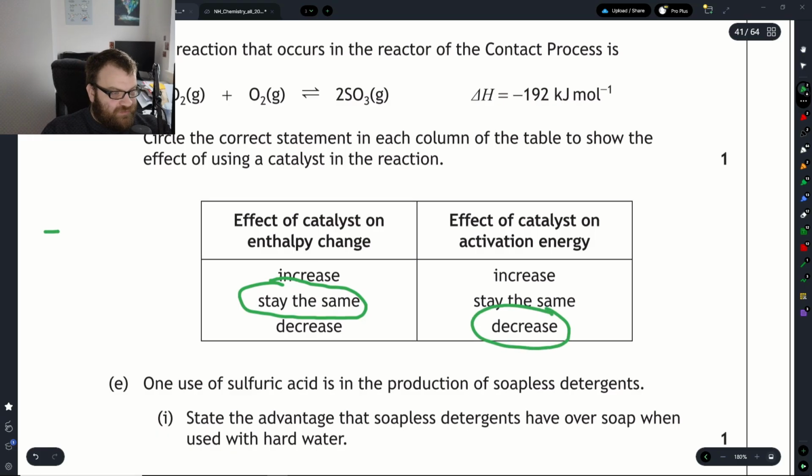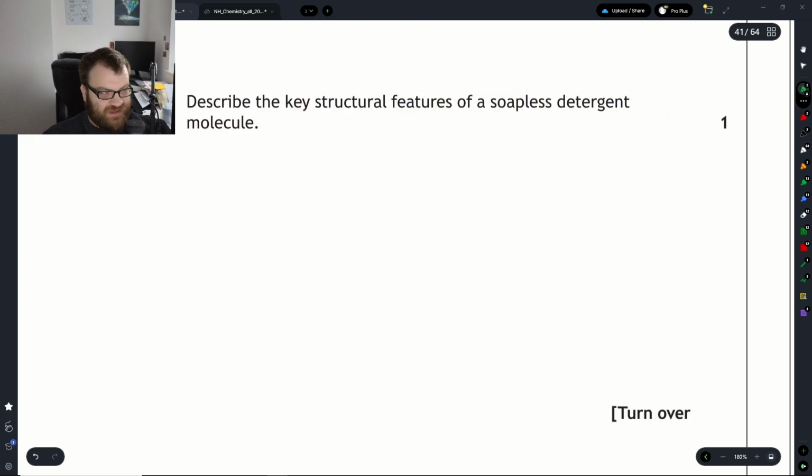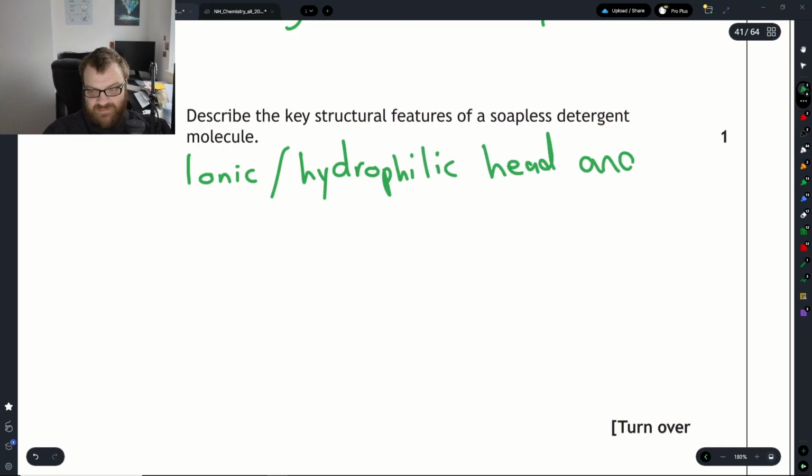Next one, we're talking about soapless detergents and soap. If you use soaps in areas with hard water, you would end up forming scum. So the detergent does not form scum. Next one, a key feature of this, as a detergent, they have to have an ionic, hydrophilic head, and a covalent, hydrophobic tail.